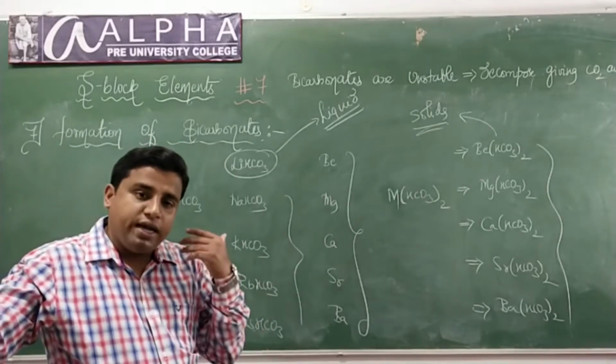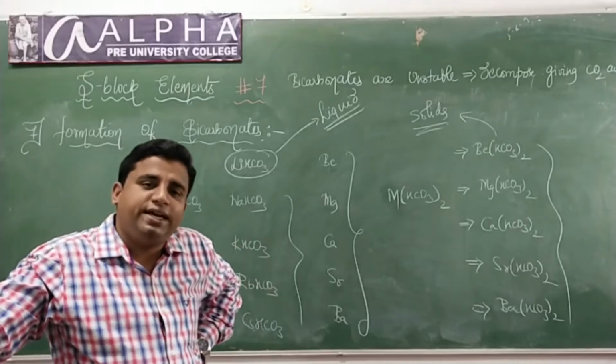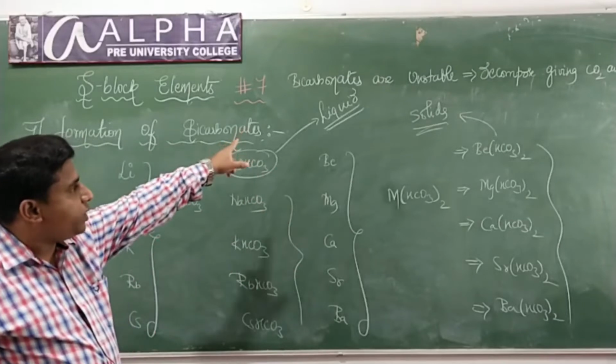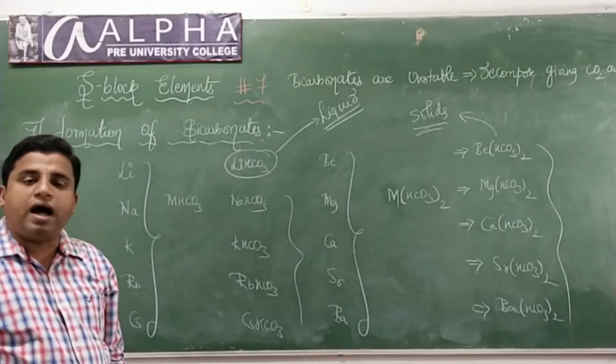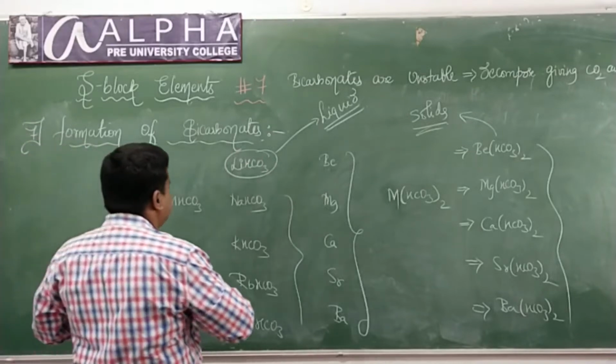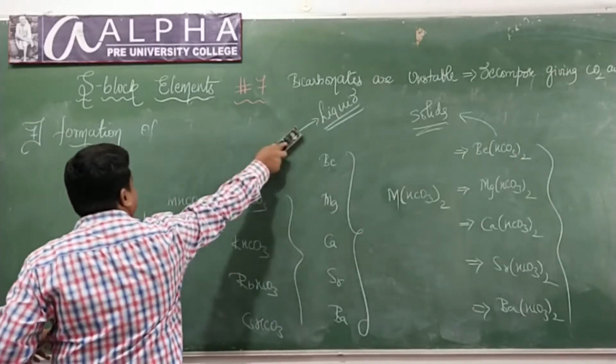Carbonates decompose only above 1000 degrees centigrade, but these bicarbonates are unstable. They decompose giving rise to carbon dioxide and water. Let us write the reaction.